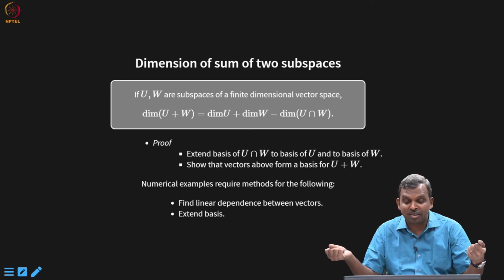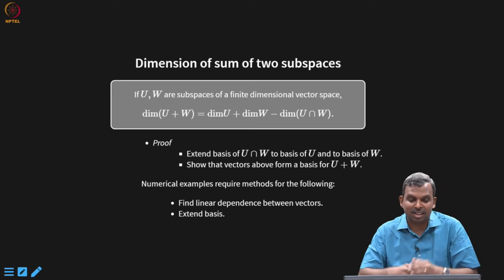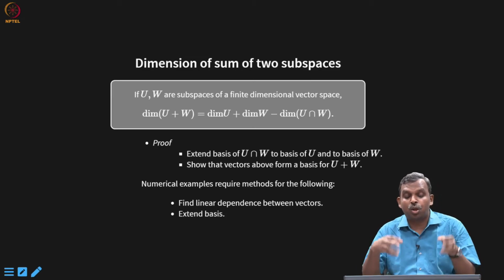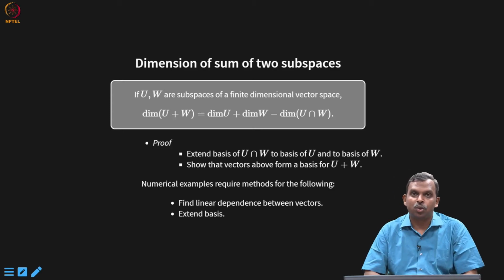It turns out there is a very nice numerical relation between all these dimensions, okay, and that is given there for you. U and W are subspaces of a finite dimensional vector space. Then the dimension of U plus W equals dimension of U plus dimension of W minus dimension of U intersect W, okay. So that is the idea.